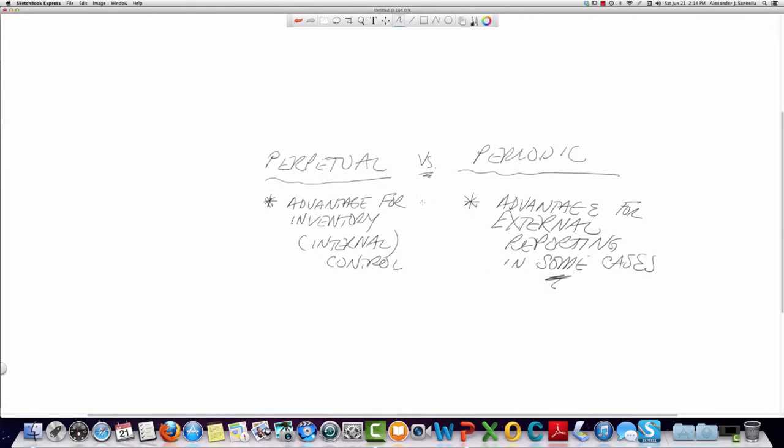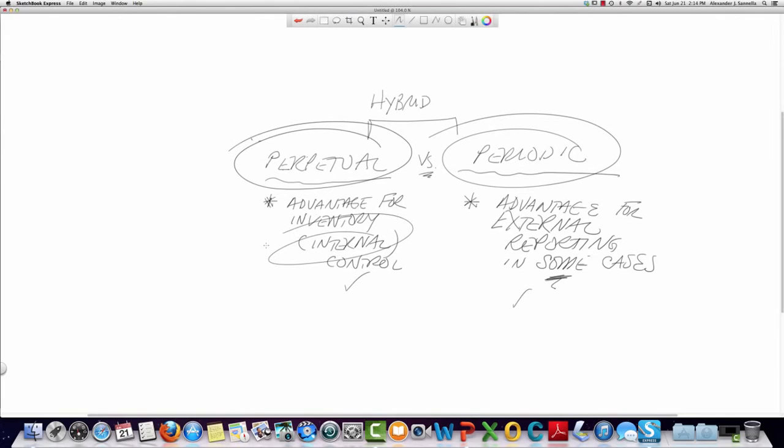Now, we have to wait until we get into the inventory costing methods in the next chapter, but by looking at this, it's possible that some companies might use a hybrid system, using perpetual for internal controls and periodic for external reporting in some cases. Again, the advantage for external reporting will become clear when we look at the inventory costing methods in the next chapter.